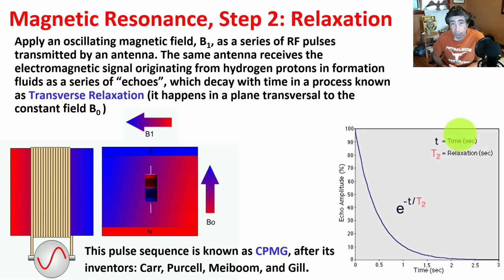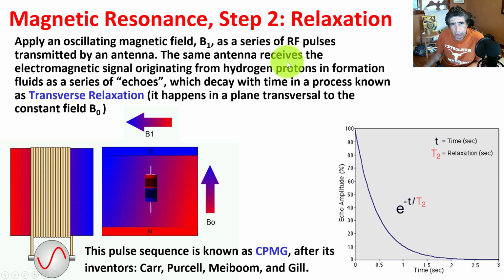Now, second, after we polarize these protons, we do a second thing, which is the transverse relaxation. What is a transverse relaxation? Well, we send a radio frequency pulse to the protons, and the pulse is oscillating at a frequency equal to the Larmor frequency that we had before, when the protons were precessing because of the action of the DC magnetic field.